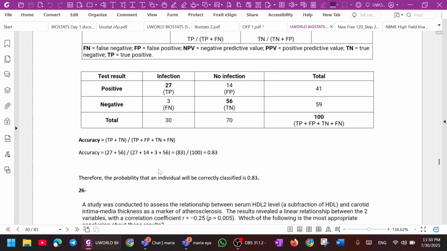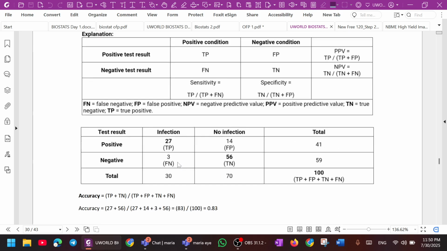What is it? 0.85, so 0.83 would be the answer. I think you got the answer, but I didn't do it the way you did.